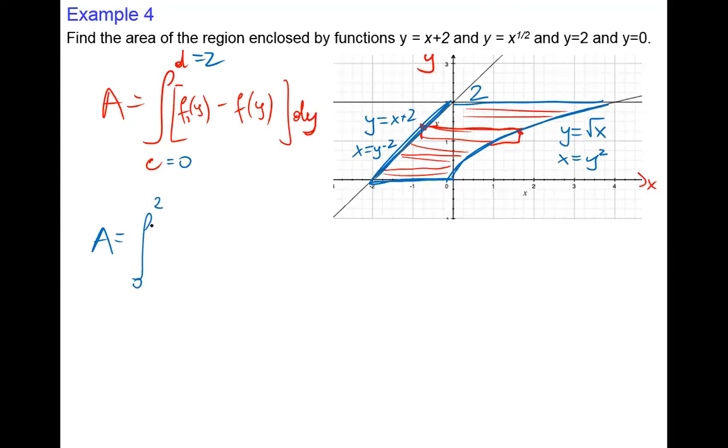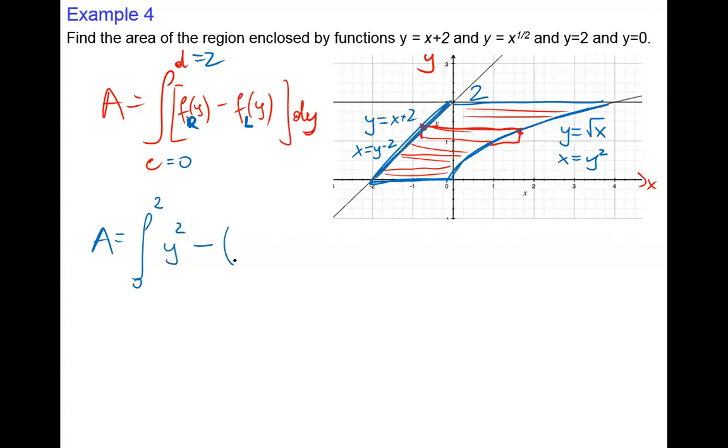From 0 to 2, then, and let me put the right-hand side minus the left-hand side. On the right-hand side, we do have y squared.